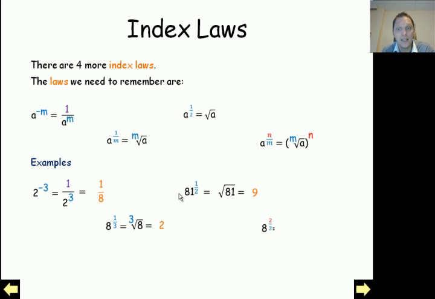As an example, I've got 8 to the power of 2/3, which becomes, inside the brackets, the cube root of 8, which we saw earlier is 2, and then whatever the result of this is, which is 2, we square this, so our answer for this would be 4.